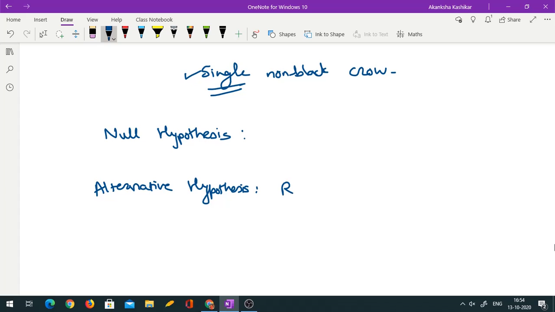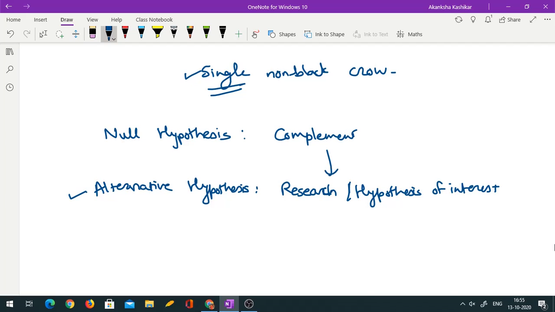That's why generally the research hypothesis, or the hypothesis of interest, is taken as the alternative hypothesis, and generally the complement of that is taken as the null hypothesis.